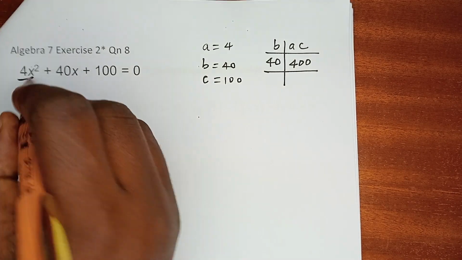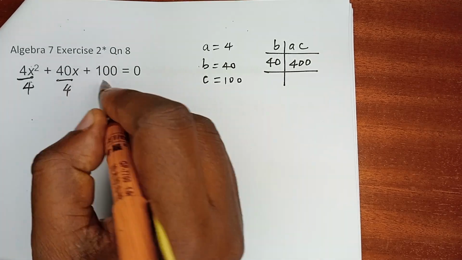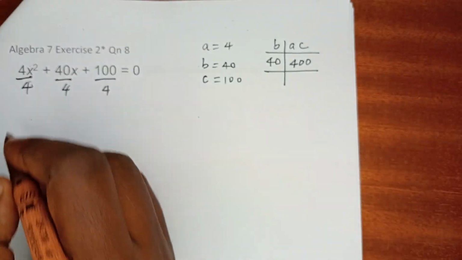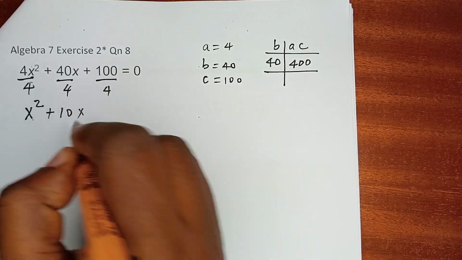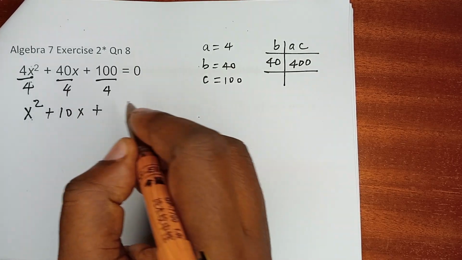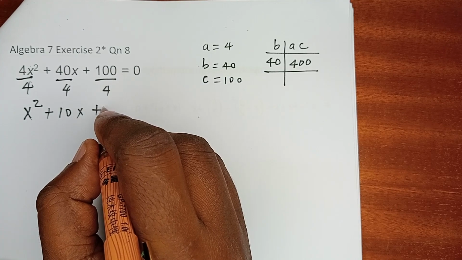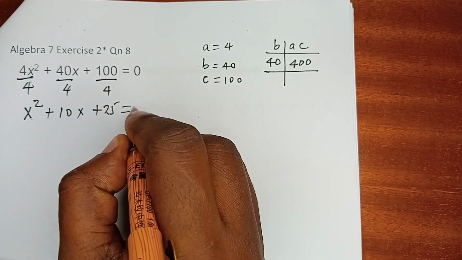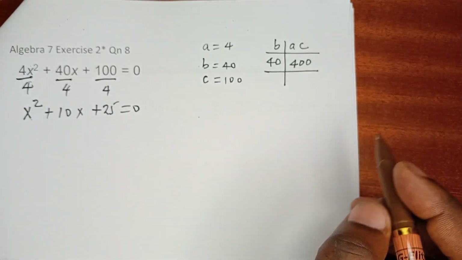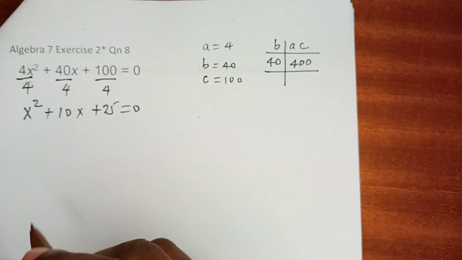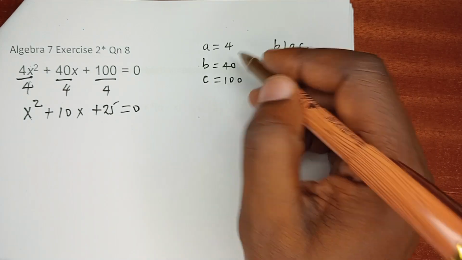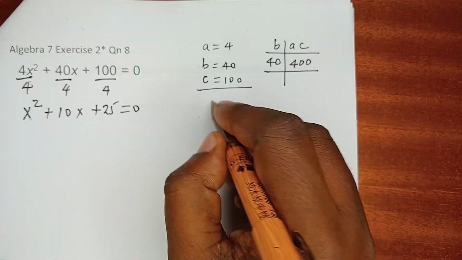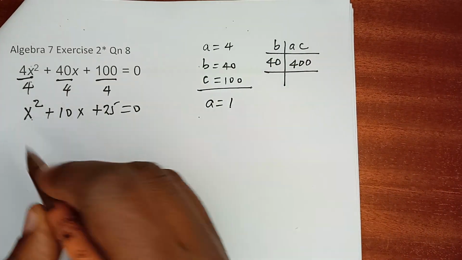So when we divide by 4, by 4 and by 4, we have x squared plus 10x plus 100 divided by 4, which is 25, is equal to 0. That changes everything because our a now is no longer 4, it is 1.